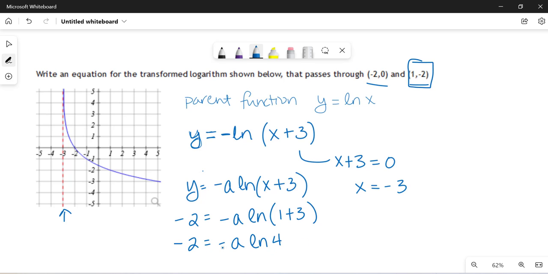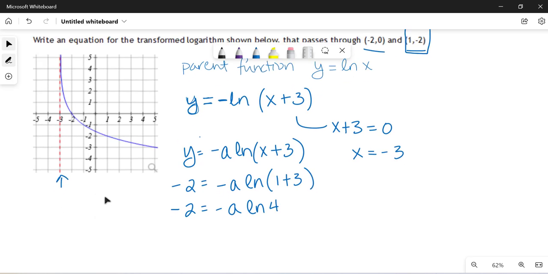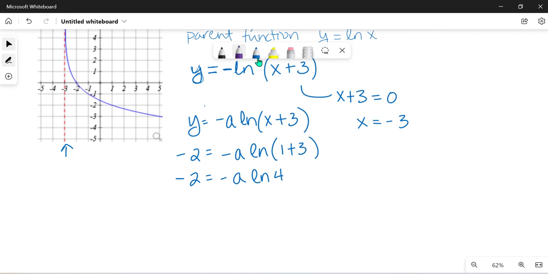And then I would probably just drop these negatives off, like multiplying by negative 1 on both sides. Either way, you're going to solve for a by dividing. If we drop the negatives off, we only need to divide by the natural log of 4 instead of negative natural log of 4. So we're going to get 2 over natural log of 4 for our a. And we want to leave it in exact form, so we're just going to leave it like that.